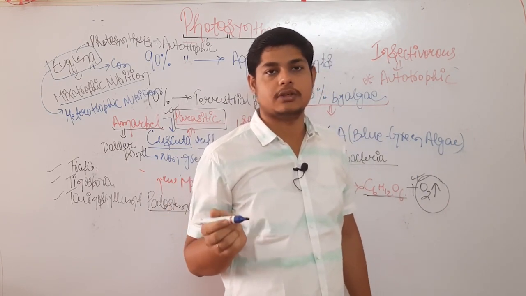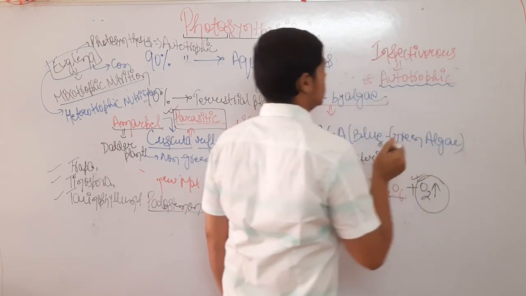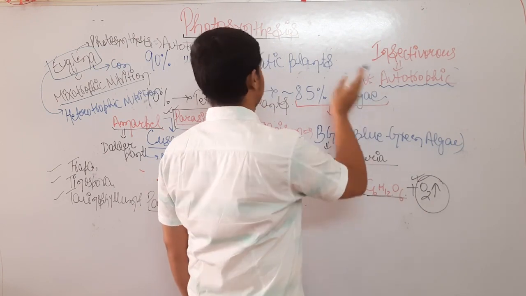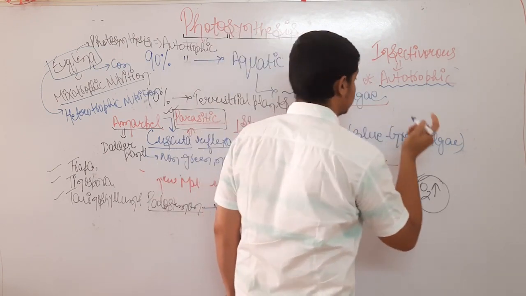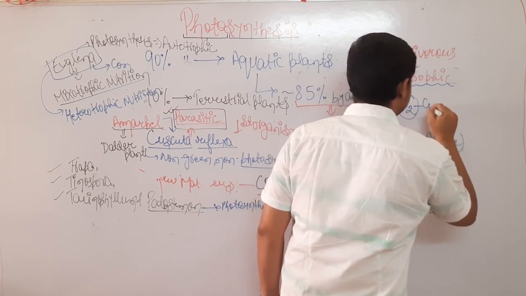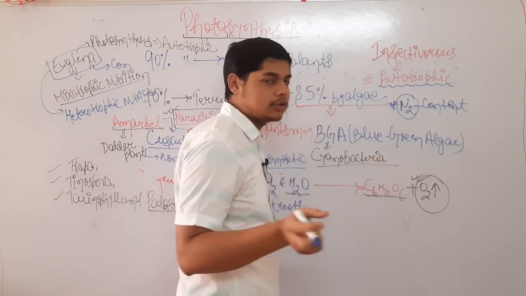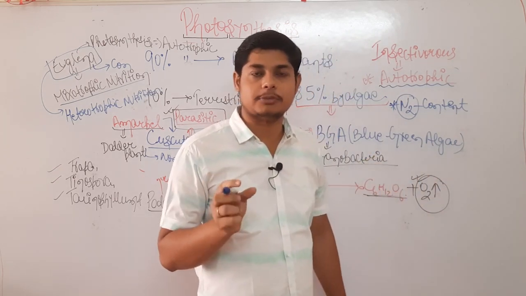For what purpose? They synthesize their own food through photosynthesis. But for their nitrogen content, they feed upon insects.